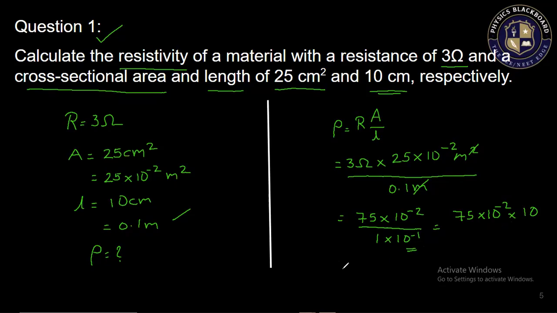So you can write 75 into 10 power minus 2 into 10. Finally, what you will get here? 7.5 ohm meter. 7.5 ohm meter is the resistivity, right?